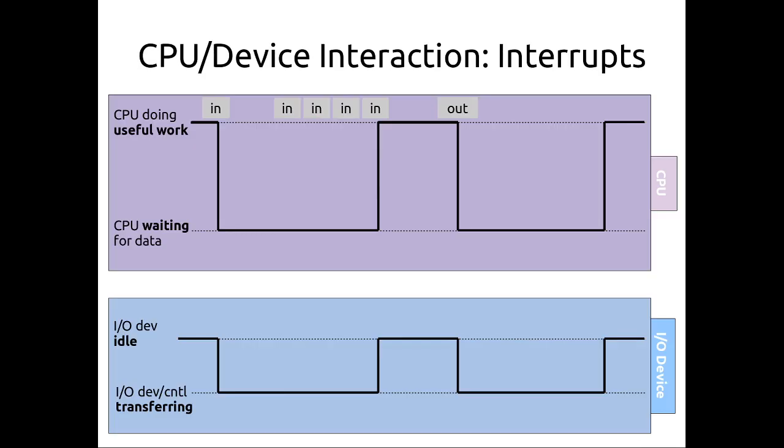Now I'm going to go into another example of how we think about this. In the purple box on the top, you have the CPU. And the CPU can go between two separate states. At the top, you have the CPU doing useful work. This is what running our applications is. This is running our spreadsheets, running our browsers, watching cat videos, all of the things that if we couldn't do them, what is the use of a computer?